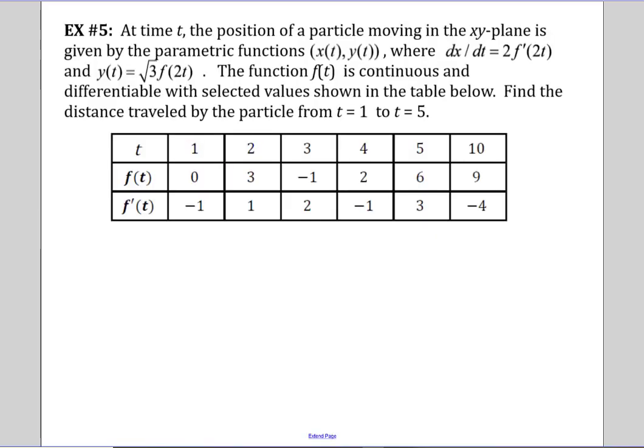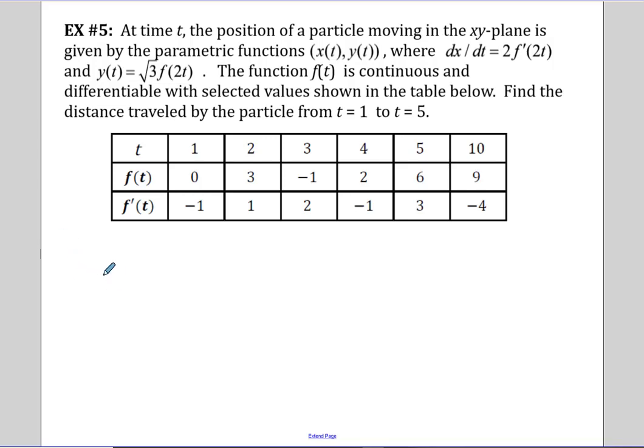Here's a table problem. At time t, the position of a particle moving in the xy plane is given by the parametric functions x of t, y of t. They're giving us dx dt and y of t. And the function f of t is continuous and differentiable with selected values shown in the table below. We want to find the distance traveled by the particle from 1 to 5.